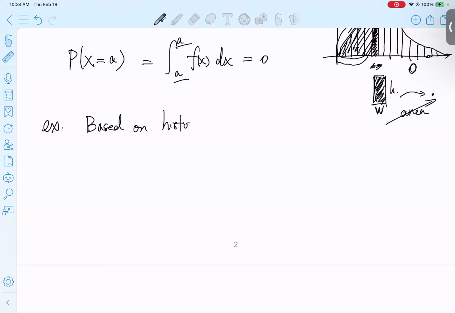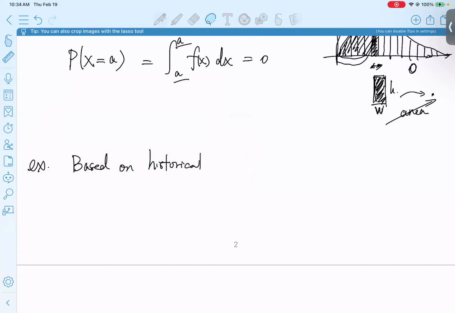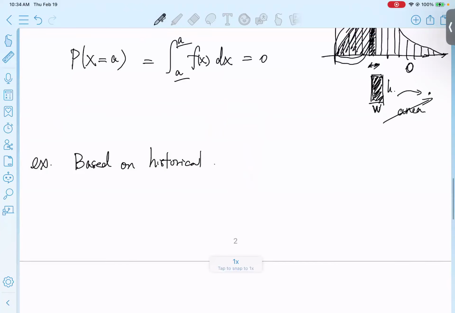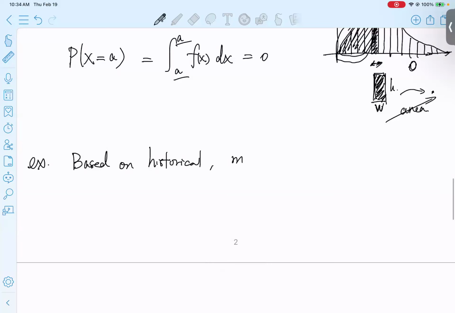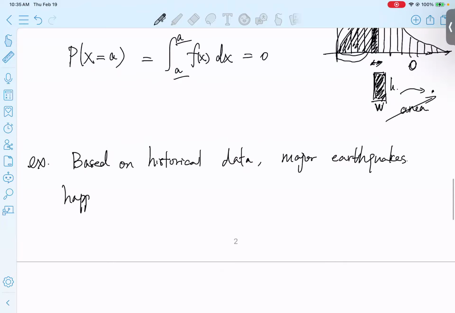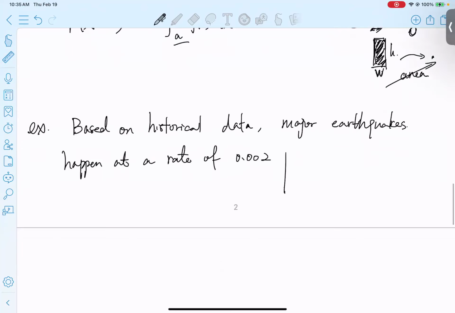So based on historic data, major earthquakes happened at a rate of 0.002 per year.